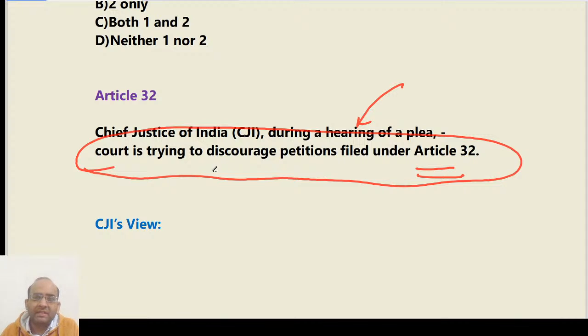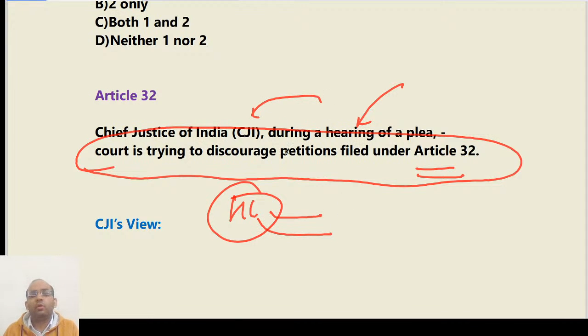And we are advising the petitioners to approach the High Court first. If the High Court is not giving you the constitutional justice, the justice for the violation of fundamental rights, then come to us. Do not come to us on the first instance.